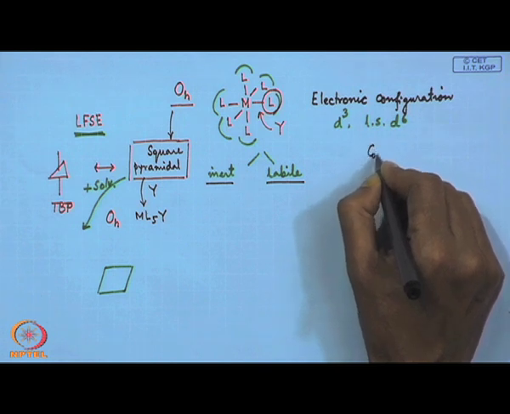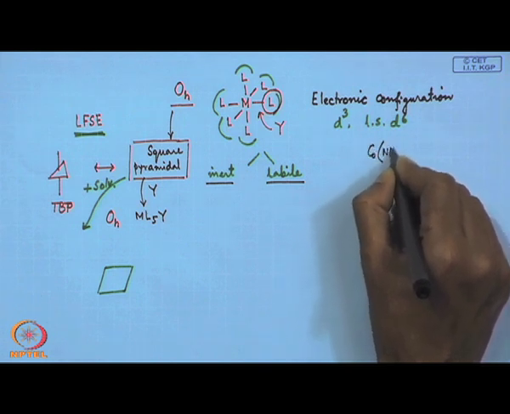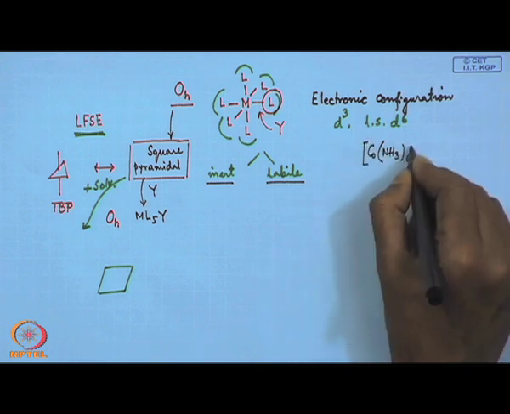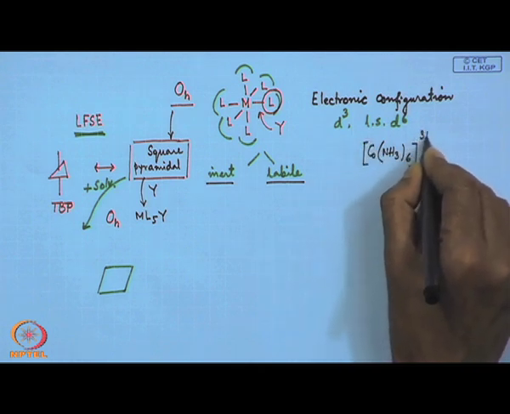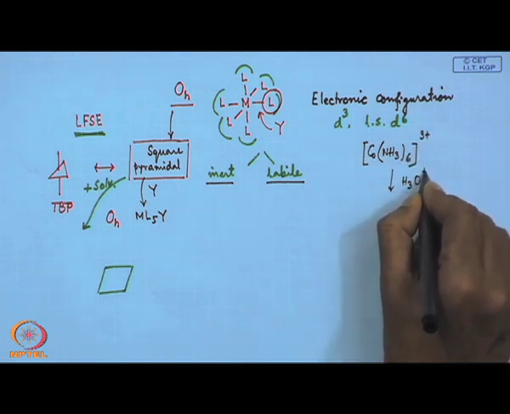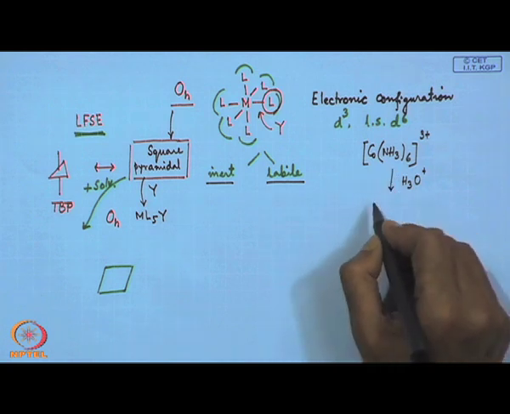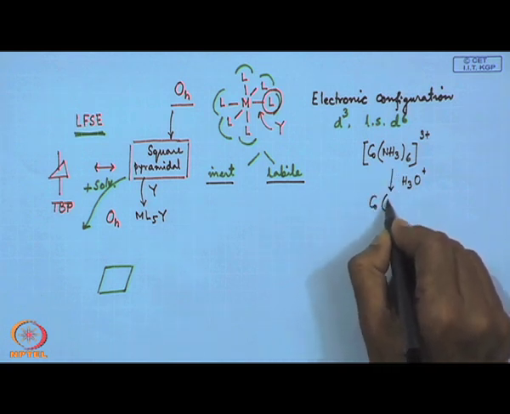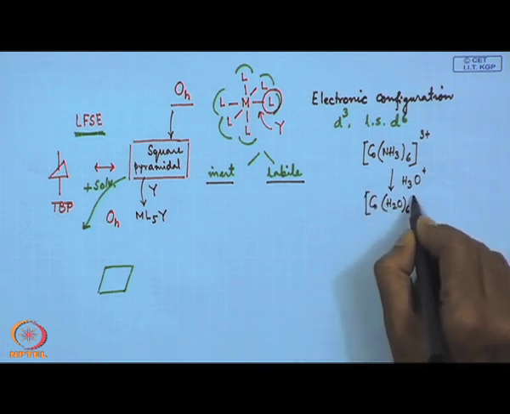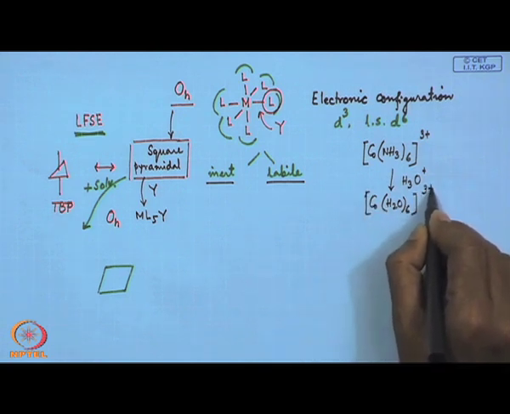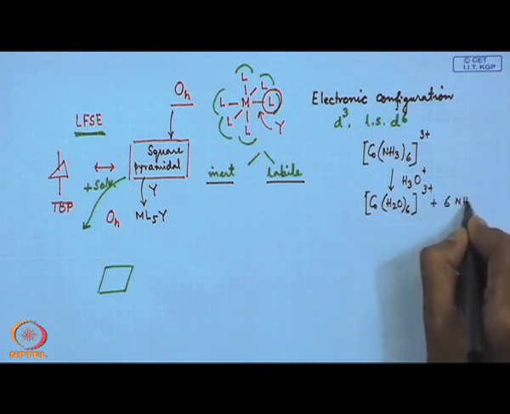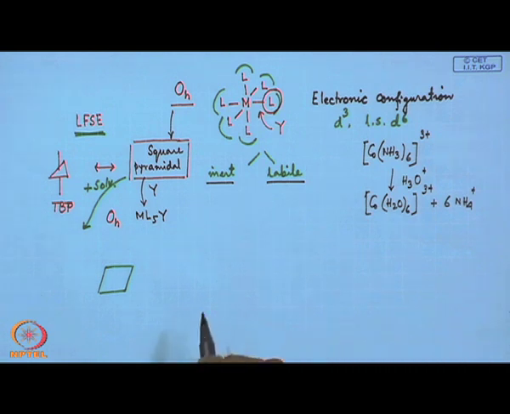What we all know now is how hexaammine cobalt(III) can react with H3O+ to give rise to the corresponding hexaaqua cobalt(III) compound and 6 ammonium ion.